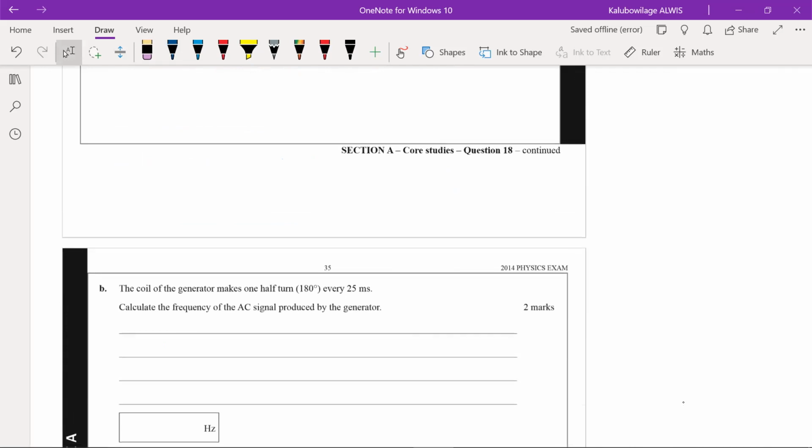The coil generator makes a half turn every 25 milliseconds.